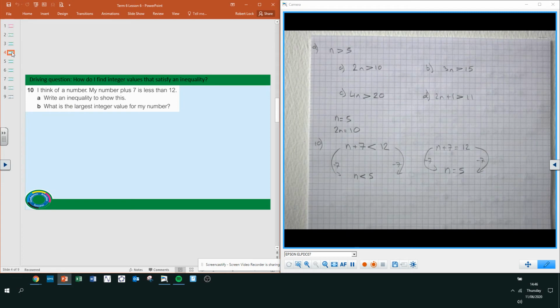So n is smaller than 5. So the largest value that n can be, and remember it is less than 5, is going to be 4. So the answer there is 4. You have the inequality here. n plus 7 is smaller than 12, and the largest value that n can be is 4. We solve it like we were solving equations.